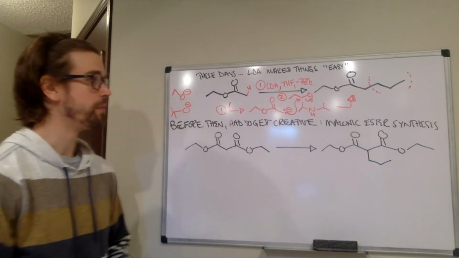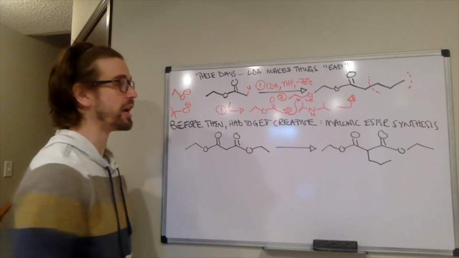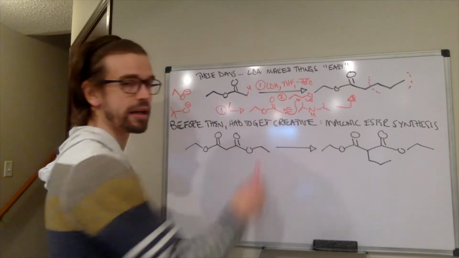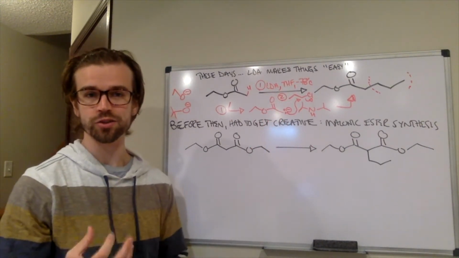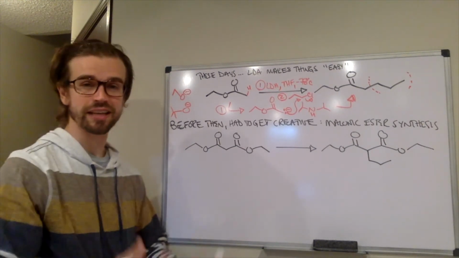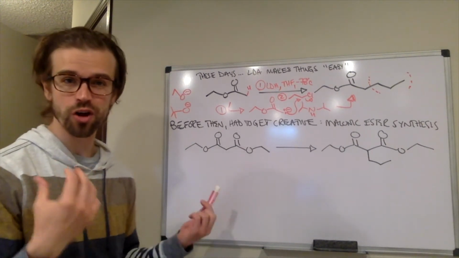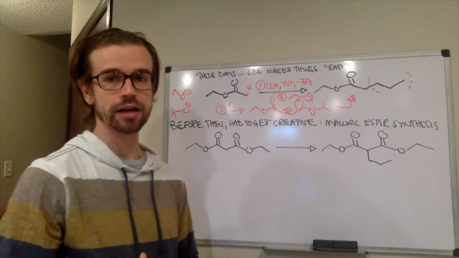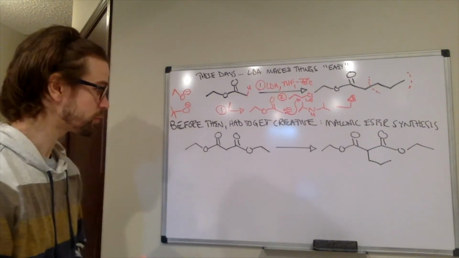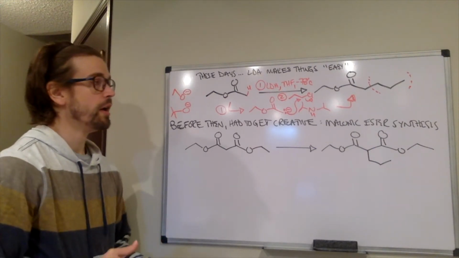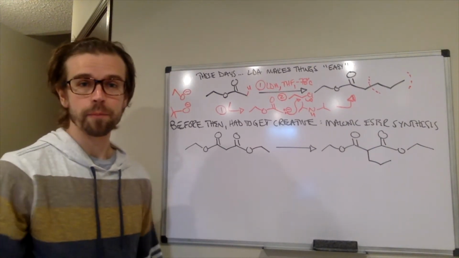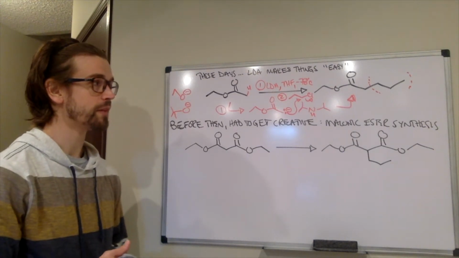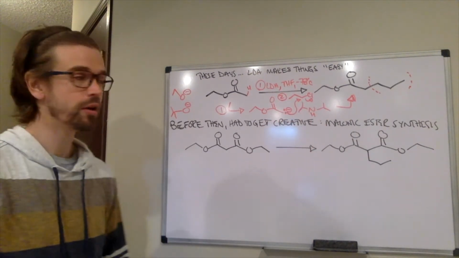So if we instead are able to quantitatively form our enolate, and that's the only thing that's a strong nucleophile, or it's at least by far the strongest nucleophile around, then this substitution reaction is going to happen a lot easier.